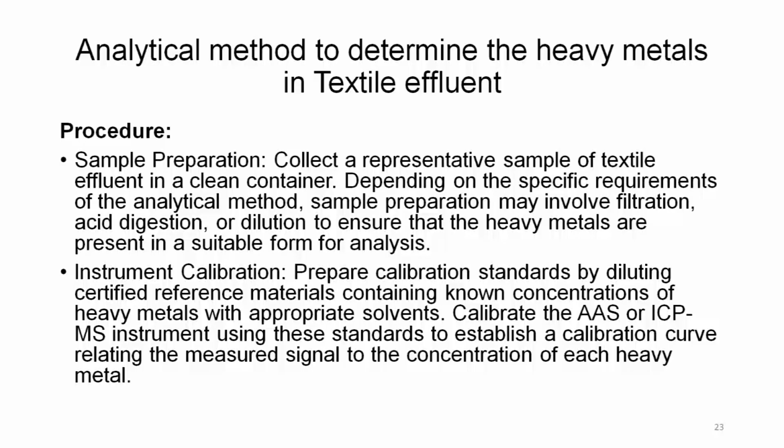Instrument calibration. Prepare calibration standards by diluting certified reference materials containing known concentrations of heavy metals with appropriate solvents. Calibrate the AAS or ICP-MS instrument using these standards to establish a calibration curve relating the measurement signal to the concentration of each heavy metal.